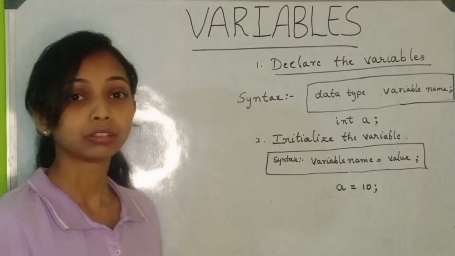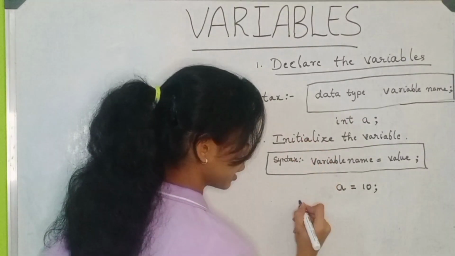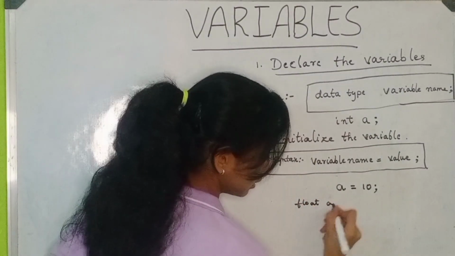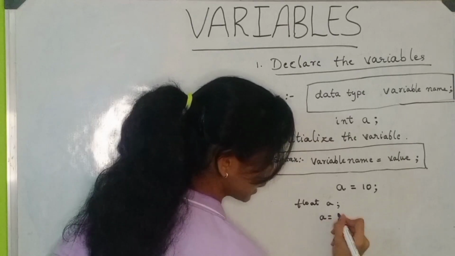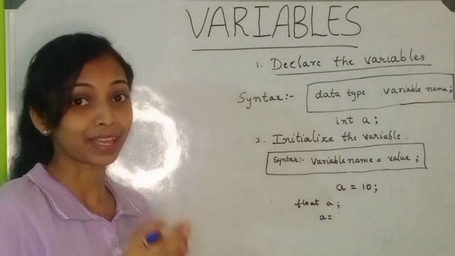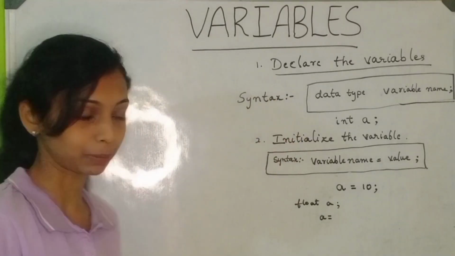And also we can declare many data types along with the variables, like we can also declare float a and give the value as a is equal to, since it is a float data type. In the coming days you will be learning very clearly about data types, what is the integer data type, float data type, character data type and all.